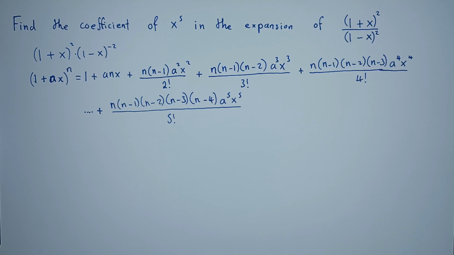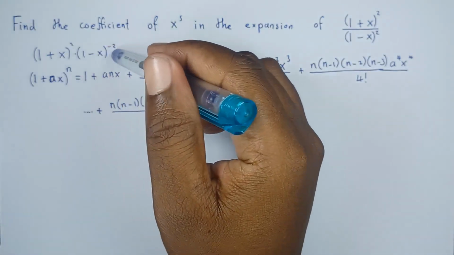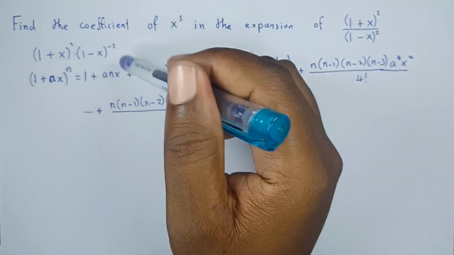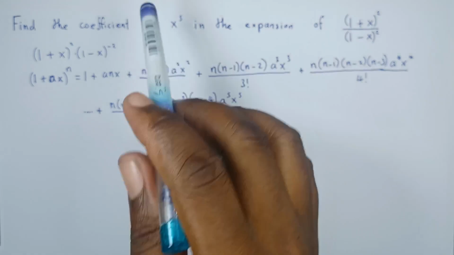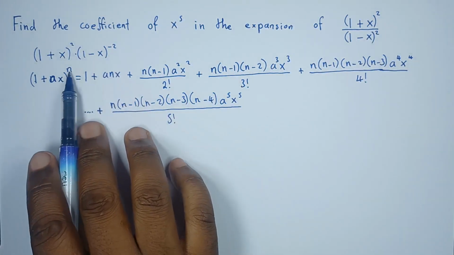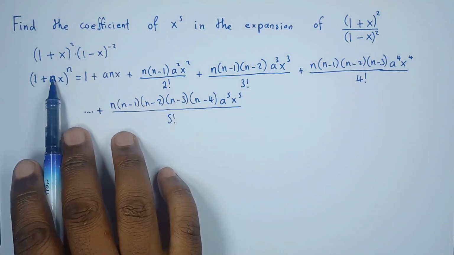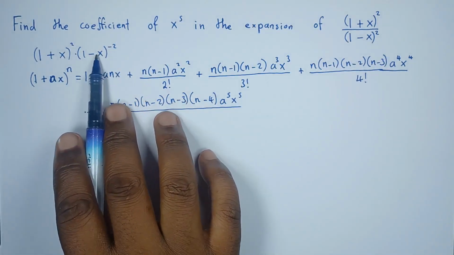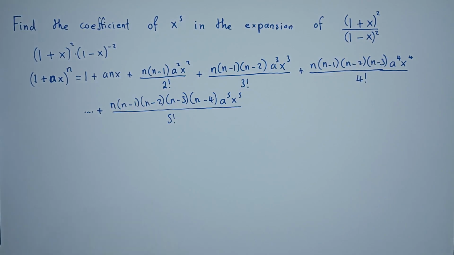The first thing we're going to do is find the expansion of this one. By doing so, we're going to say the value of n is -2, while the value of a is -1. So everywhere where there's n, let's replace with -2.